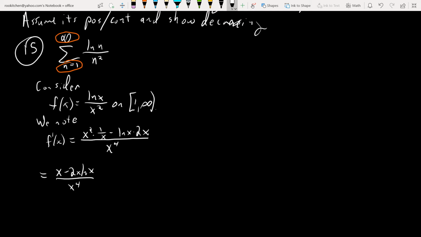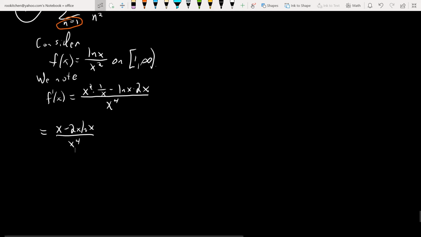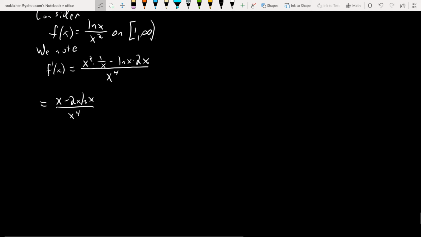The denominator is always positive because x to the 4th, anything you put in there, especially in this interval from 1 to infinity, is going to be positive. So the only question is this x minus 2x ln x. And one of the reasons why I wanted to do this problem was to deal with this issue.